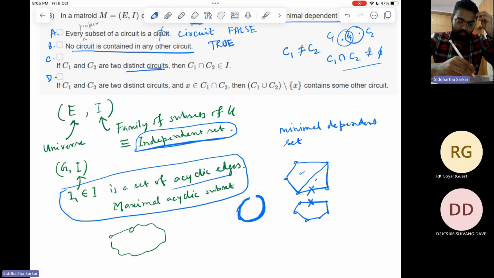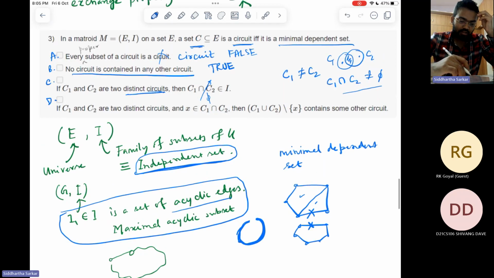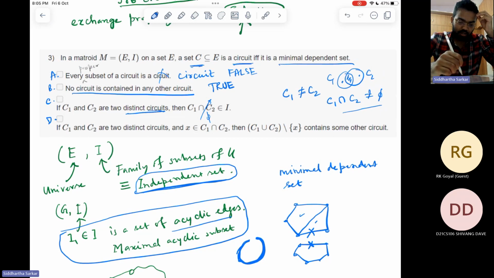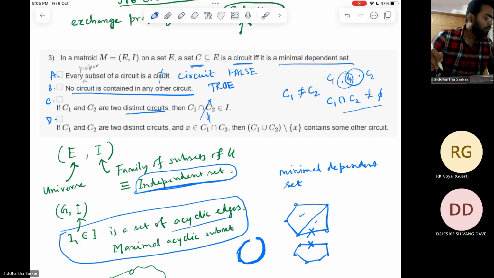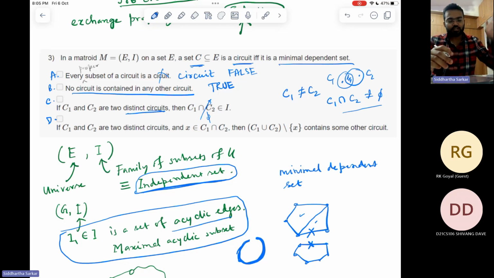In that case, this thing will be phi, and because we have a matroid, phi is going to be part of I. That is the first matroid axiom: the empty set is part of the family. So if C1 intersection C2 is phi, then we are done. Then definitely this is true.